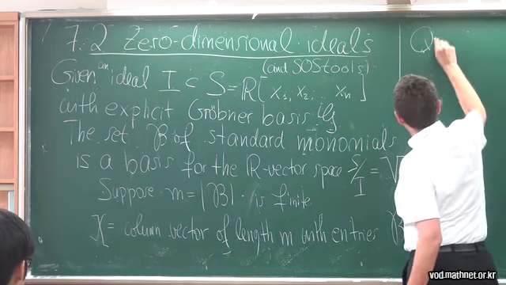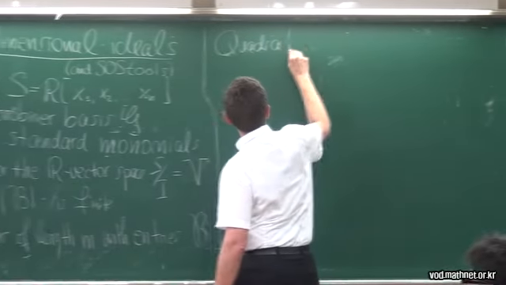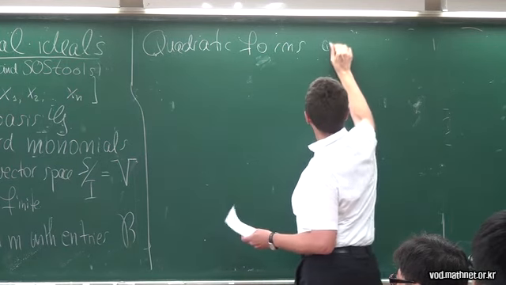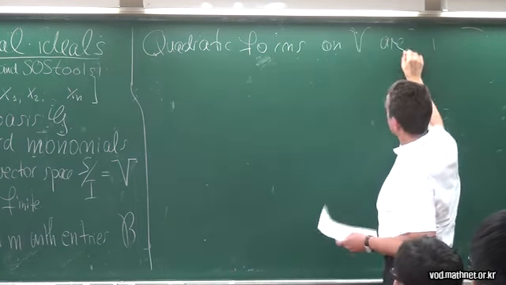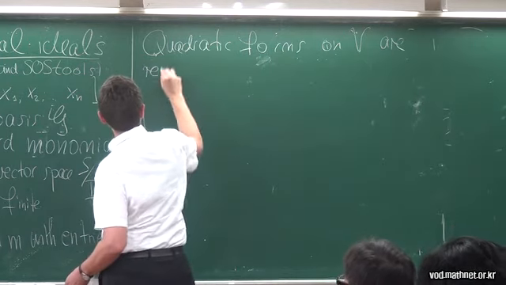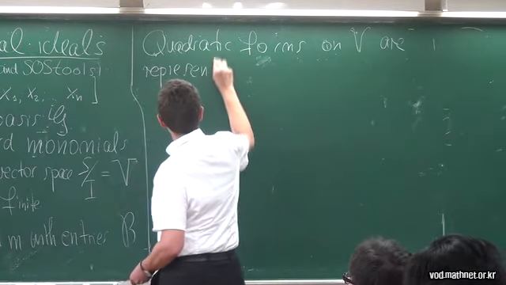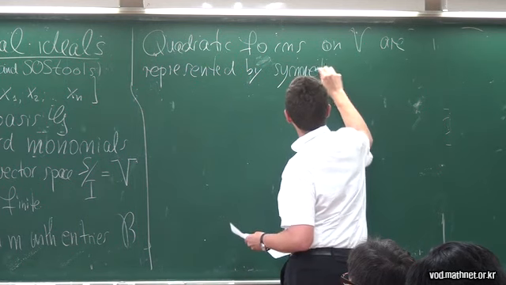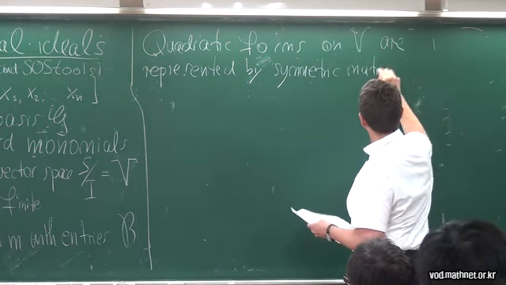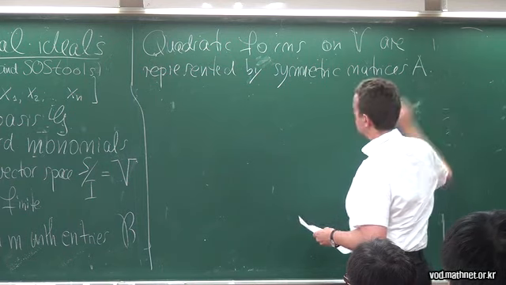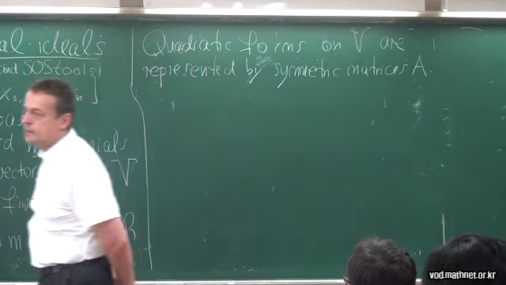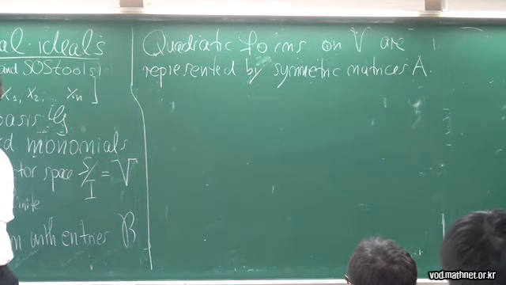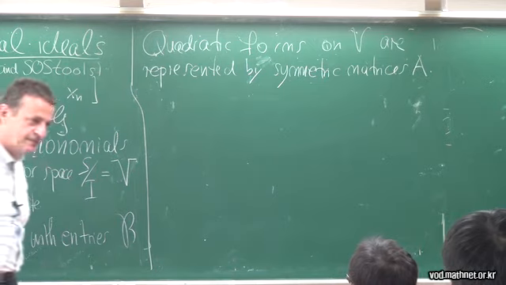Okay, well, we have quadratic forms on V. And they're represented by matrices. Right, so if you have a quadratic form on V, then it's represented by a symmetric matrix A. For example, the trace form that counts the number of real roots in a box.